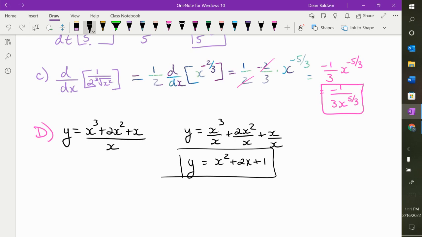Which still, we haven't done anything like this, but what do you need to remember a derivative is? It's a limit. And if it's a limit, what can you do when you have stuff that is being added together? We don't have to factor them all, but you can do each one separately, right? Remember, I can do the limit of this, and then the limit of this, and then the limit of this.